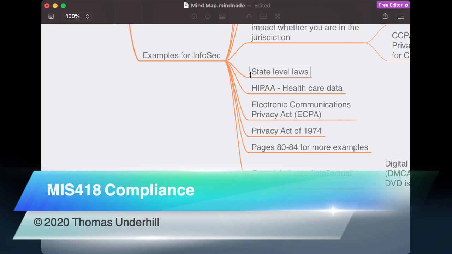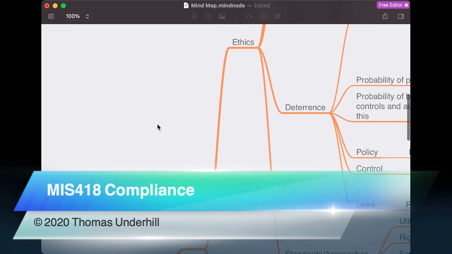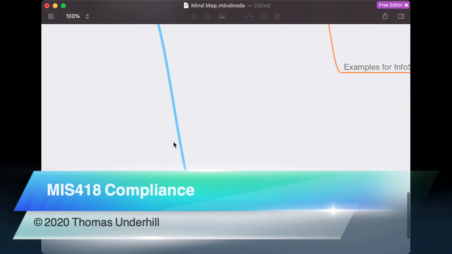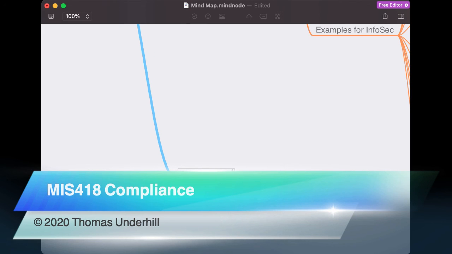Right? Now, there can also be, besides laws and ethics, there can be standards. Right? So standards are voluntary. And so they can be industry-based as well. So an example for some of you, depending on your career choice, would be the PCI DSS.